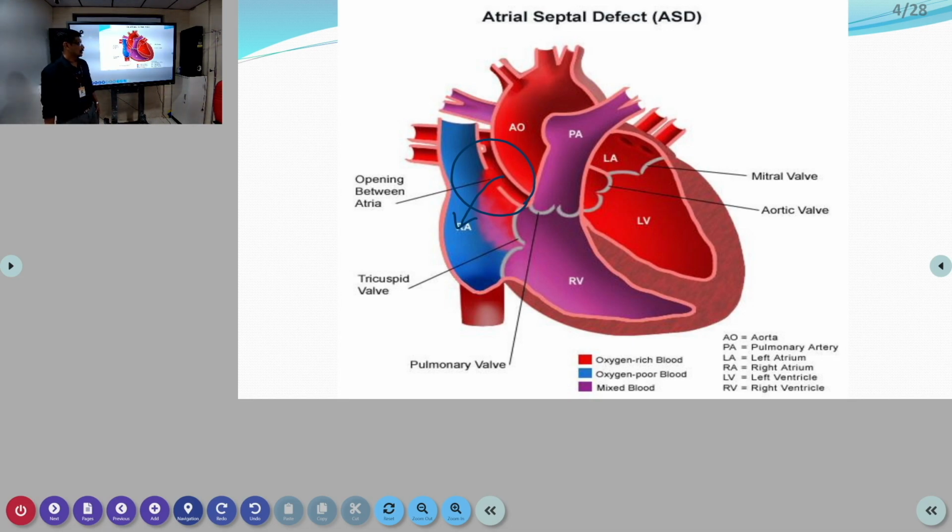As this volume overload goes on chronically, the pulmonary artery finally develops hypertension, and that's when the blood flow starts reversing, and you develop a reversal of shunt, and the blood starts going the other way, and that is called Eisenmenger syndrome. So here you can see the diagram of the atrial septal defect.